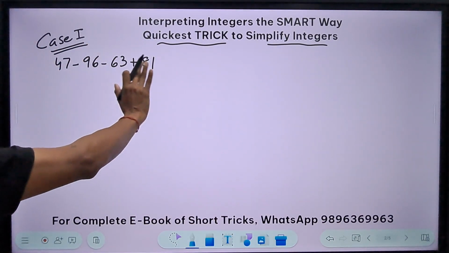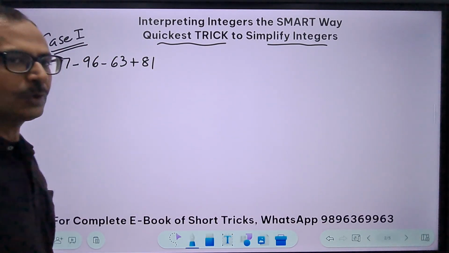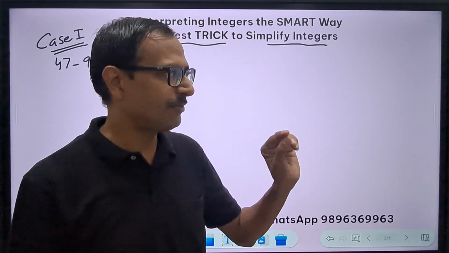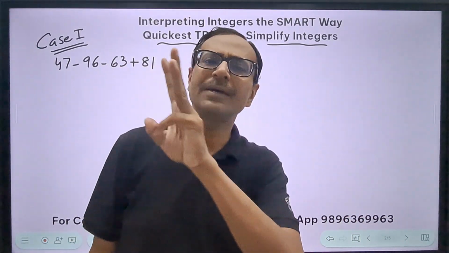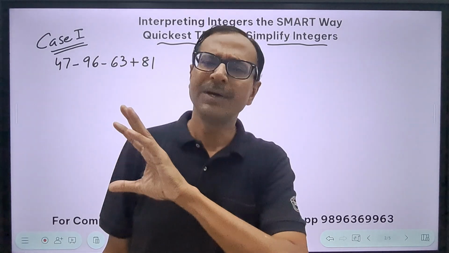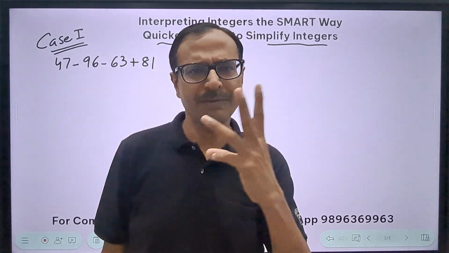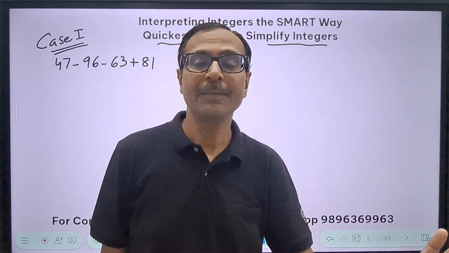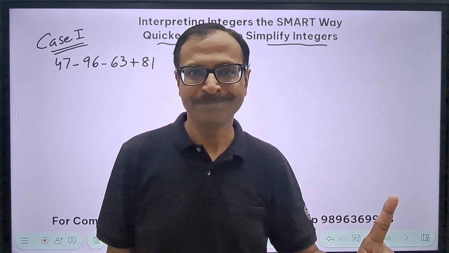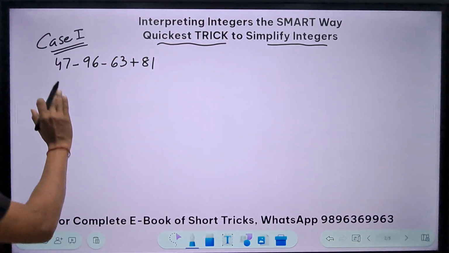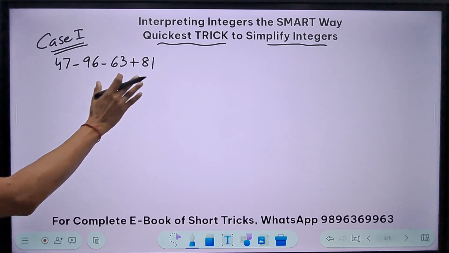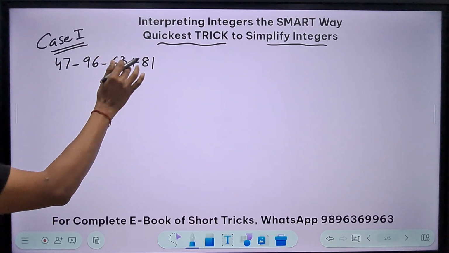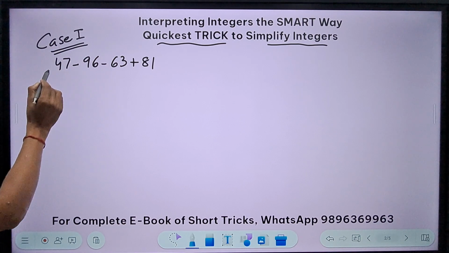Now all these are 2-digit integers. If there is a mixed bag of integers where we have one integer having 3 digits and the other one having 2 digits, we can prefix a 0 and convert them into 3 digits each. So that also is not a problem in the trick. Now all integers having 2 digits, so I will think that these integers actually have only 1 digit, that is the first digit.